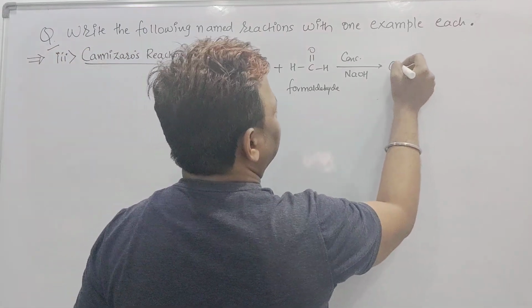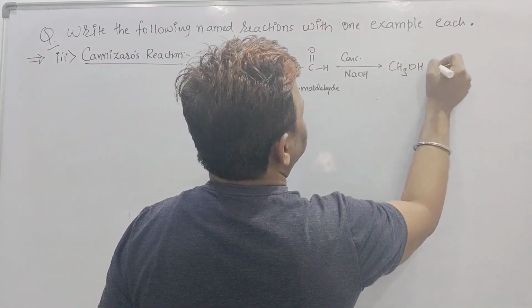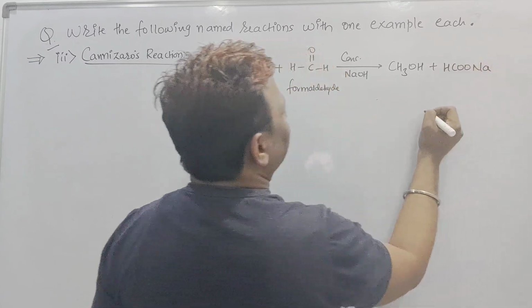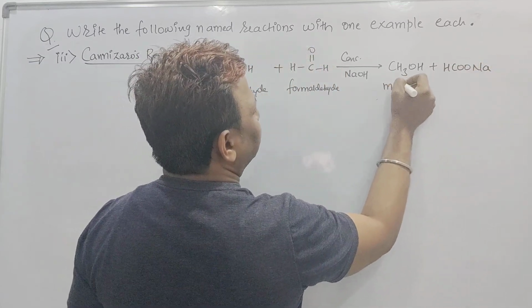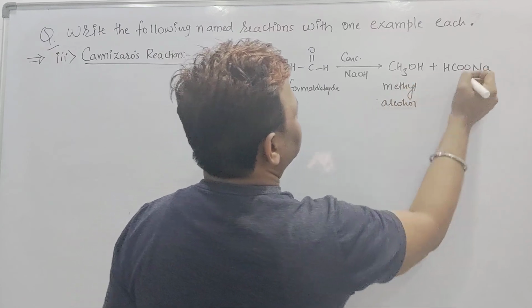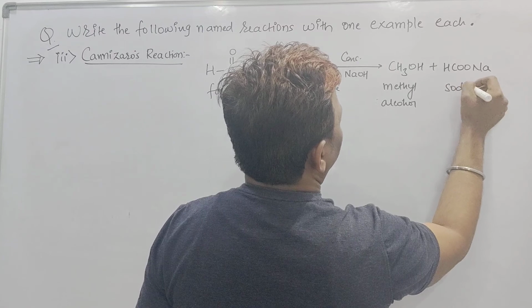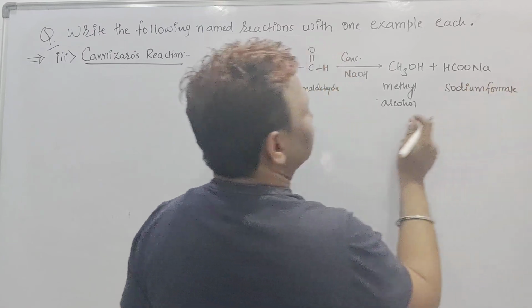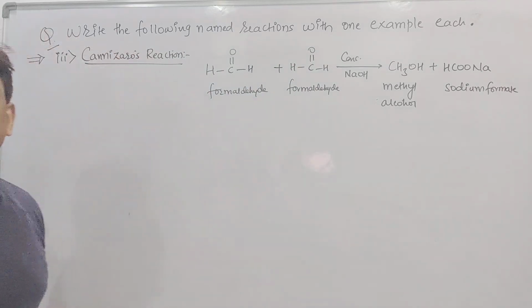Now the part which undergoes reduction will be converted into alcohol. Alcohol means I am getting CH3OH, and from the other part I am getting a salt, HCOONa. This CH3OH is called methyl alcohol, and this HCOONa is called sodium formate. See beta, methyl alcohol and sodium formate.